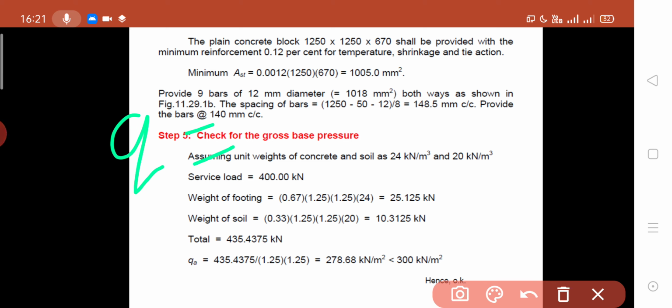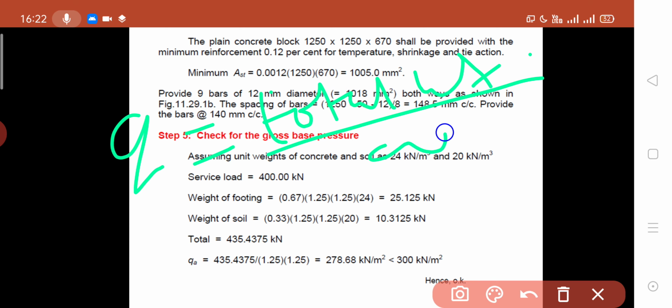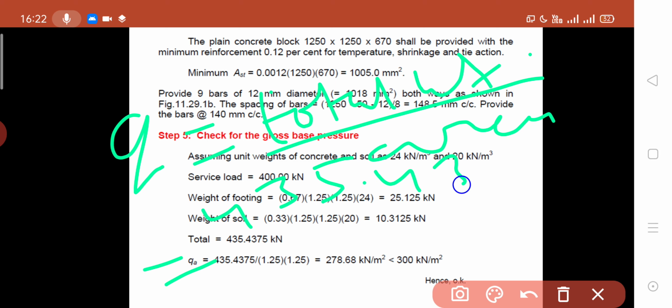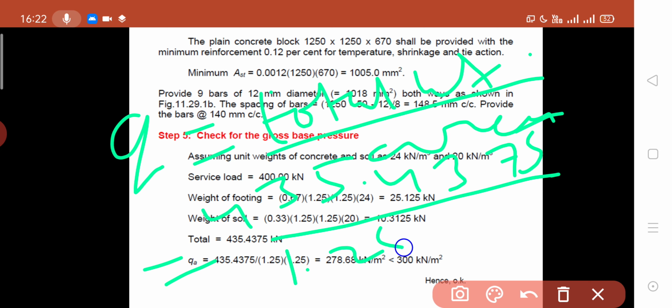Q equals total weight upon area. The total weight is 435.4375 and the area is 1.25 into 1.25.